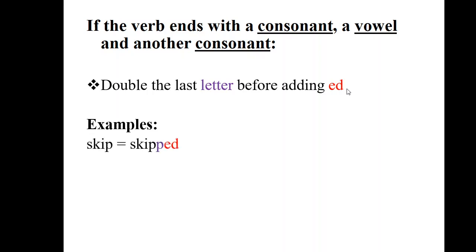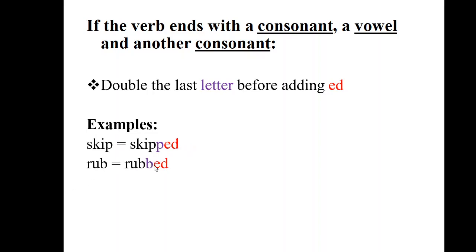Like here, skip. The verb skip ends with S-K-I-P, I, which is a vowel, and P, which is a consonant. So you double the last letter, P, and add ed. So the past tense of skip is skipped.